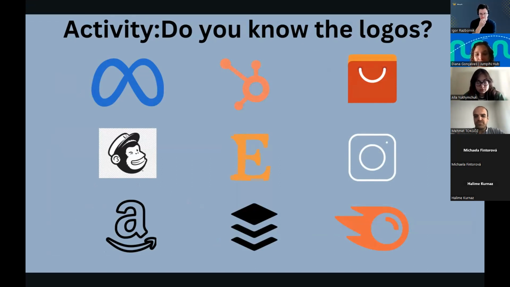So we got some answers. Amazon, AliExpress, Instagram, yes. MailChimp, Meta Business, Etsy, good.